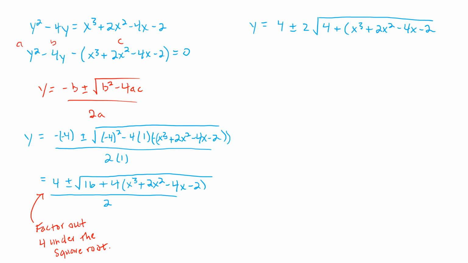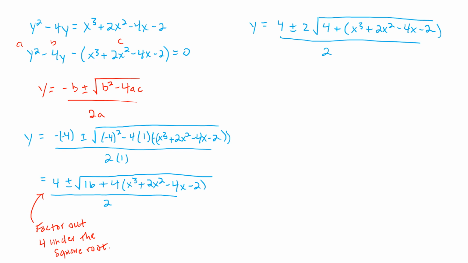So 16 has a factor of 4, and our second term has a factor of 4. So if I factor out, then I'd have 4 times 4 plus 1 times the x cubed plus 2x squared minus 4x minus 2. And then the square root of 4 is 2, which is why I now have a 2 in front of my square root. All over 2.